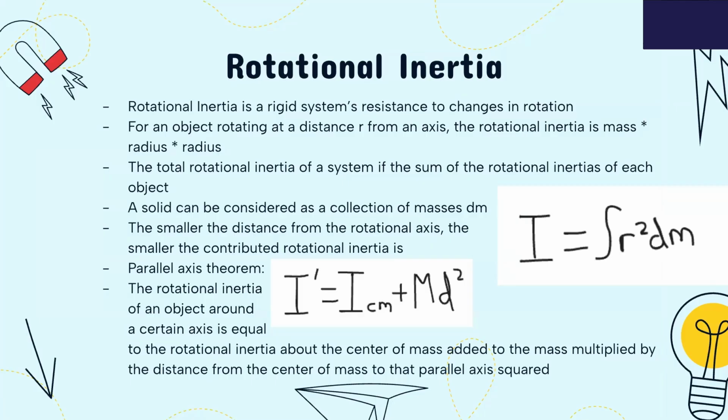Okay, rotational inertia is the rotational analog to regular mass. So it's just a rigid system's resistance to change in rotation. For an object rotating at a distance r from an axis, the rotational inertia is the mass times the radius squared. So the total rotational inertia of a system is the sum of the rotational inertias of each individual object.